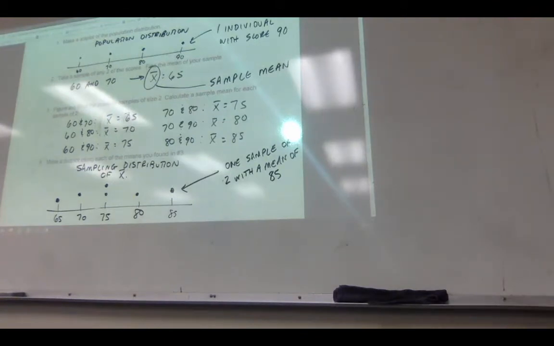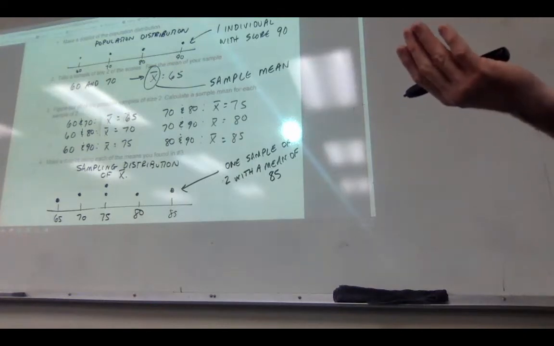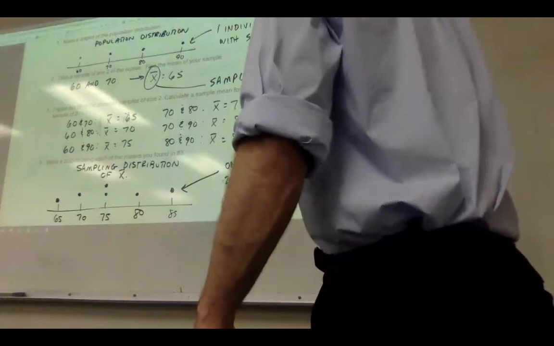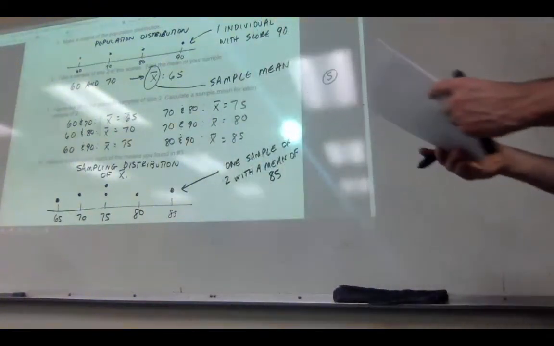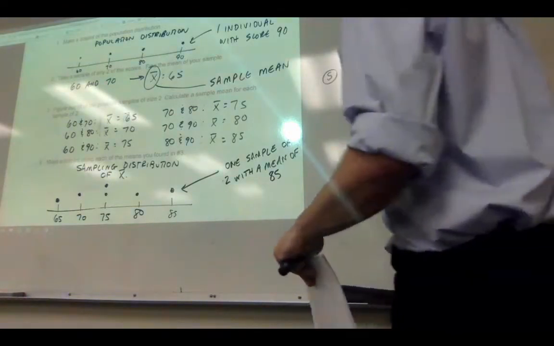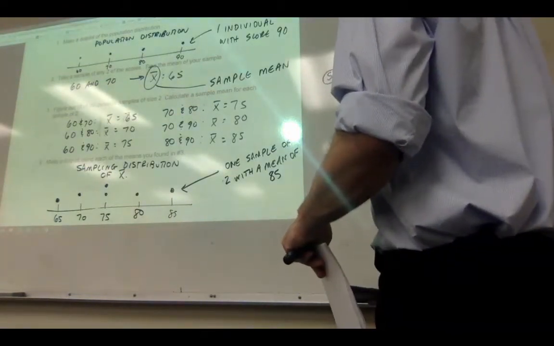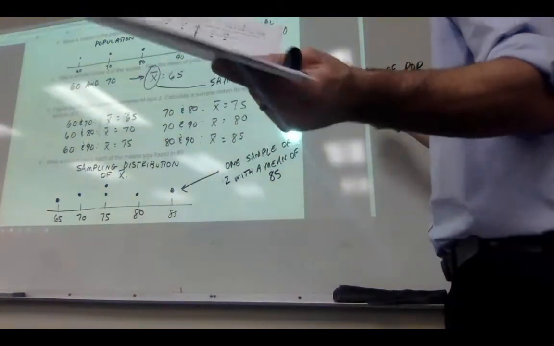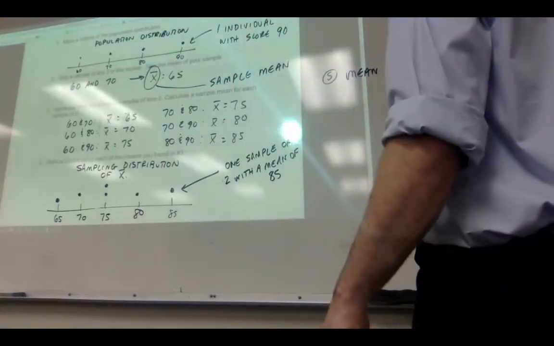So in number 5, not to further confuse, but to hopefully clarify, in number 5, what am I asking for? Madison, what does that mean? Like, how do I find the mean of a group of numbers? Average.